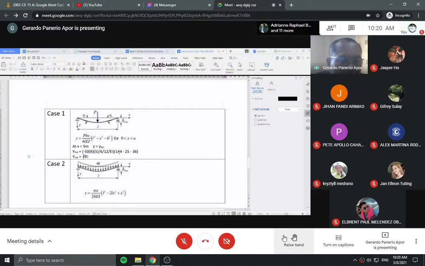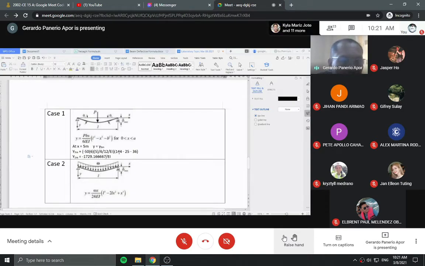You divide it by 6, divide it by 12. You have negative 1729.1667 over EI.